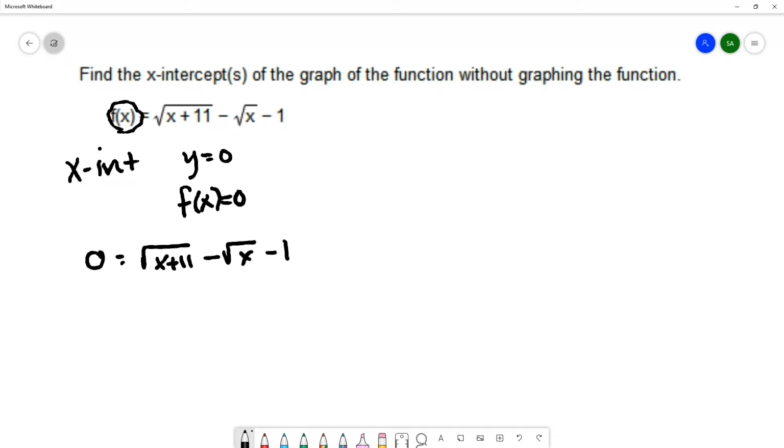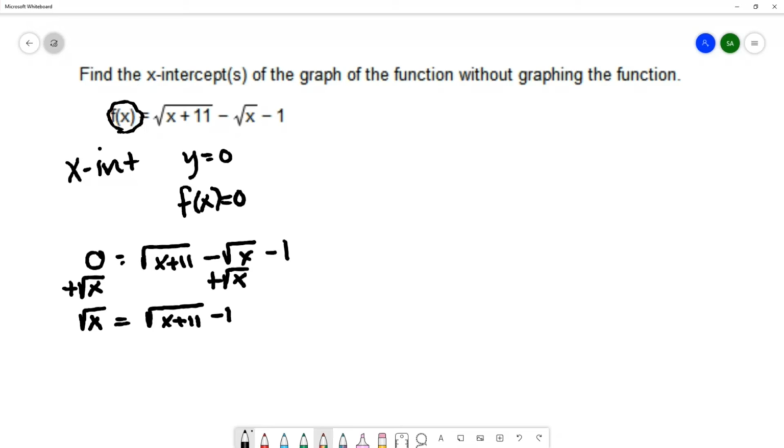So I'm going to start by adding square root of x on both sides. And I'm adding square root of x so that I have that radical isolated.